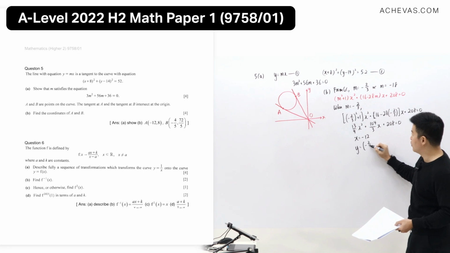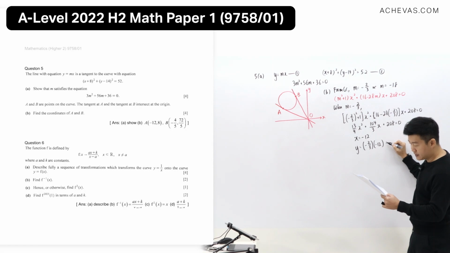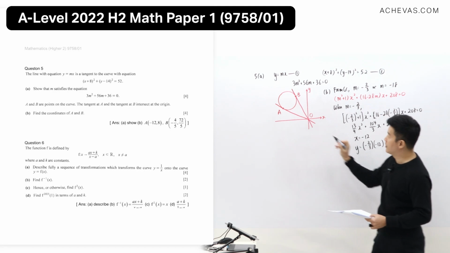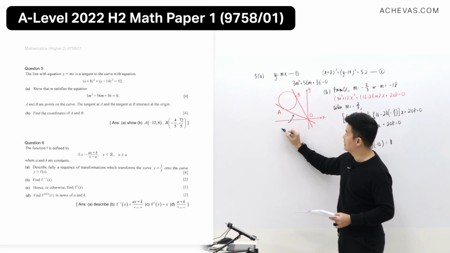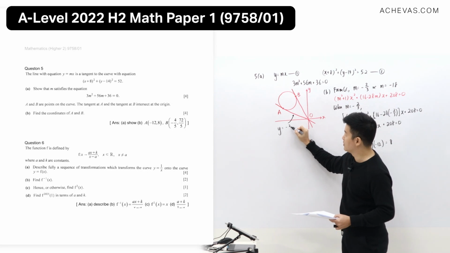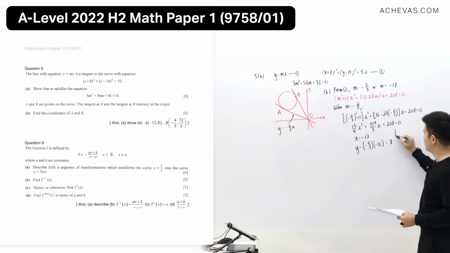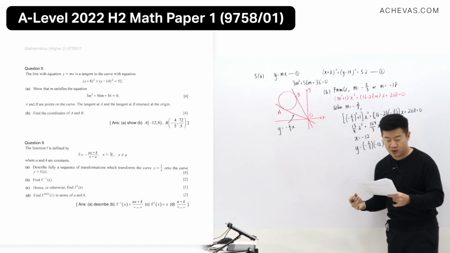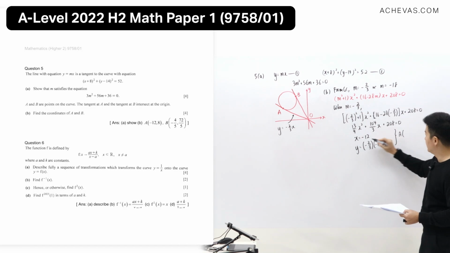So minus 2 over 3 multiplied by x. So y is going to be equal to 8. So we are talking about this line here, y is equal to minus 2 over 3 x. So this tells me that the coordinates of one of the points mentioned by the question, let's say that point is A, is negative 12 and 8.